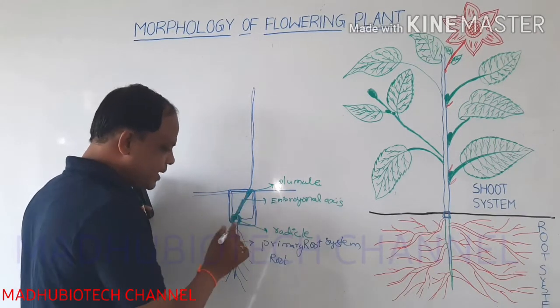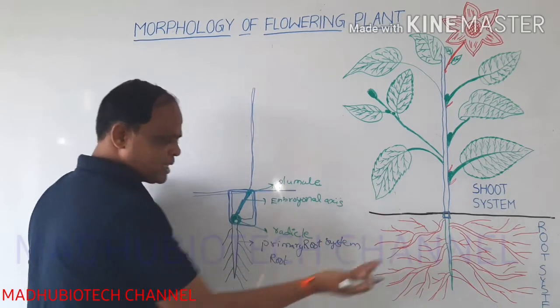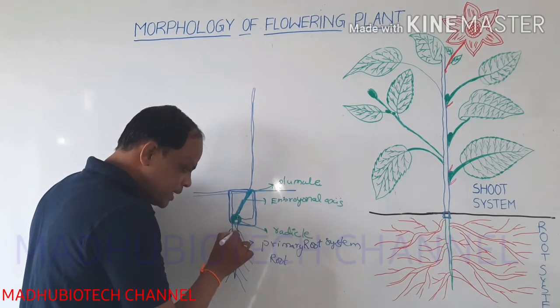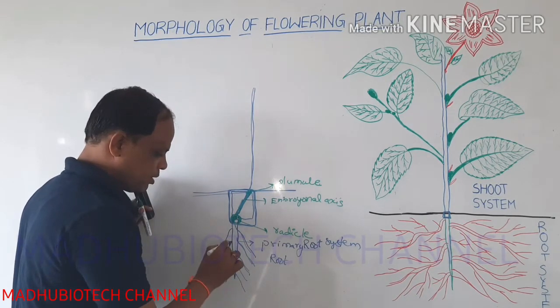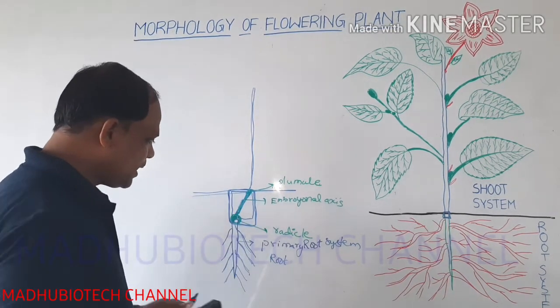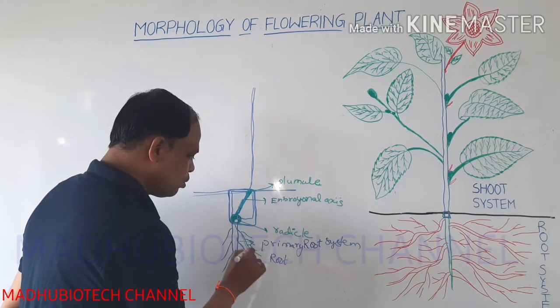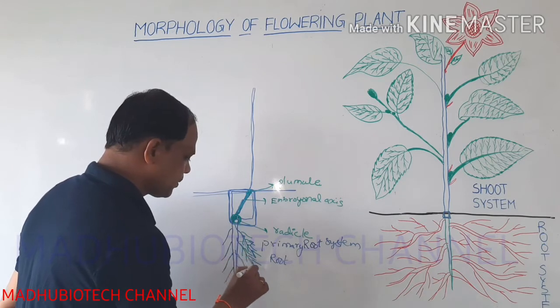Exogenesis means the external part of the main axis develops into roots, but here the inside of the primary root develops the secondary roots. The secondary roots are developed, and the secondary roots again develop one more type of roots, called tertiary roots.